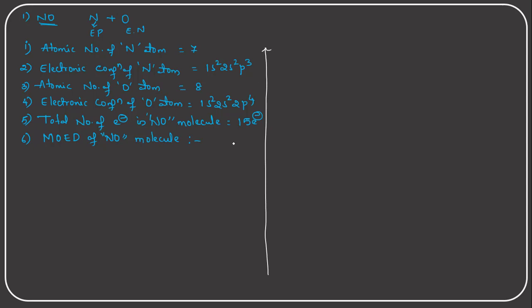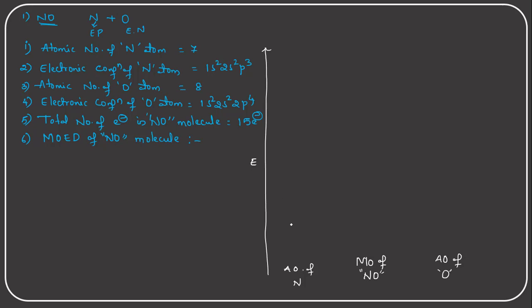This is the arrow; we should not forget to write the arrow. Here we have to take the electropositive atom on the left side, so I am taking the atomic orbitals of the nitrogen atom here, and on this side the atomic orbitals of the oxygen atom, and in between the molecular orbitals of the NO molecule.